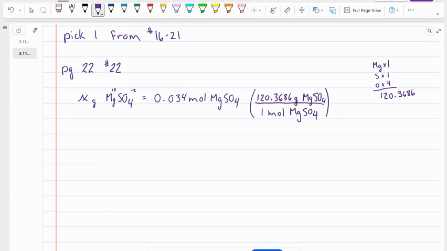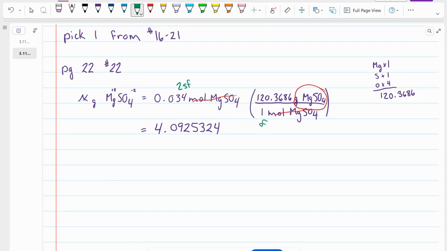Looking at your units, moles cancel out. We're left with grams of magnesium sulfate, which is great. And we can plug this into our calculator and we can find that our answer is 4.0925324. And if we look at our significant figures in our question, this is 2 significant figures.